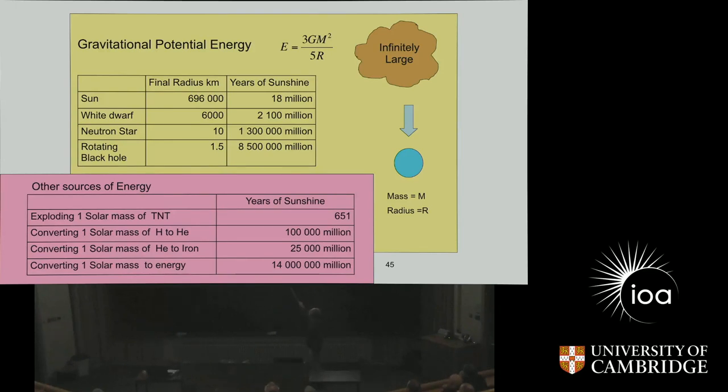So if we want to know how much energy was released, we have to subtract that number, 2,000 million, from 1.3 million. That number is vanishingly small compared with that number. So we could say that in a tenth of a second, this amount, this is years of sunshine, was emitted in the supernova explosion. And that is essentially exactly what we find.